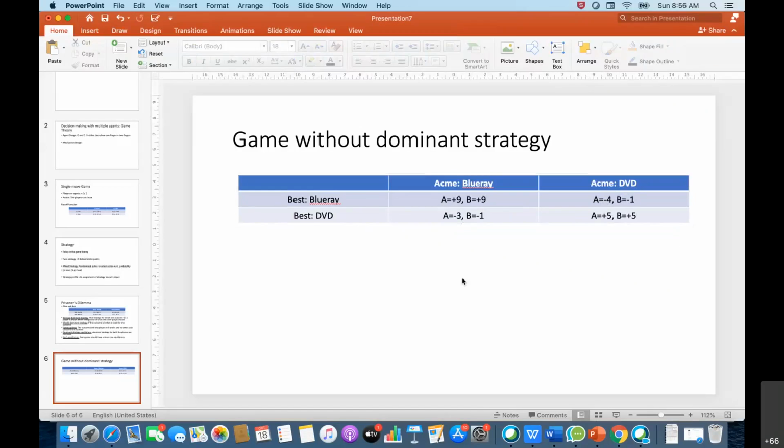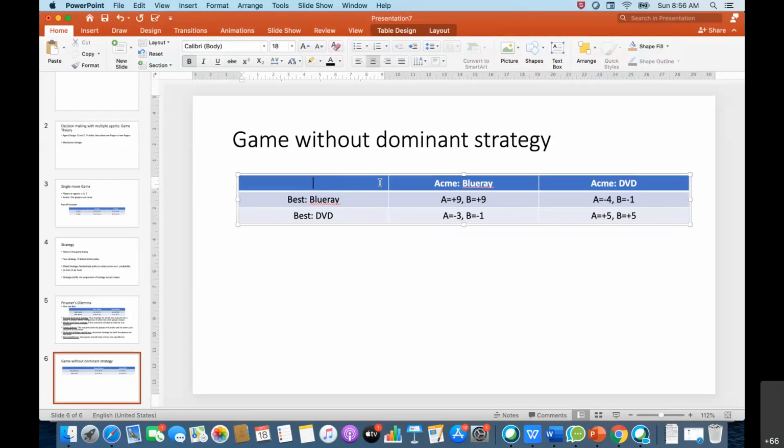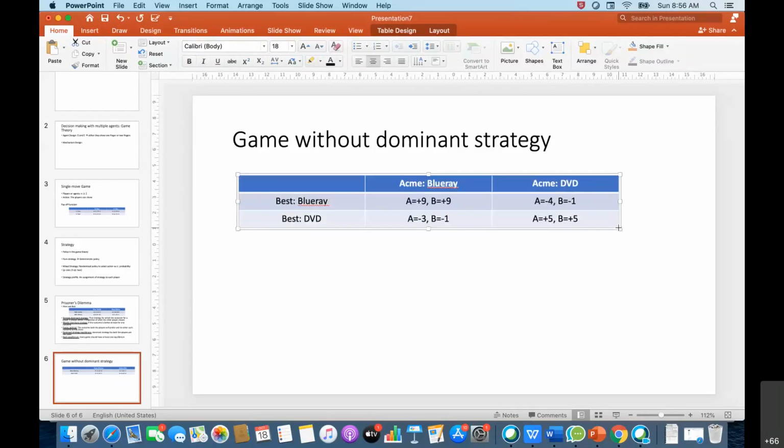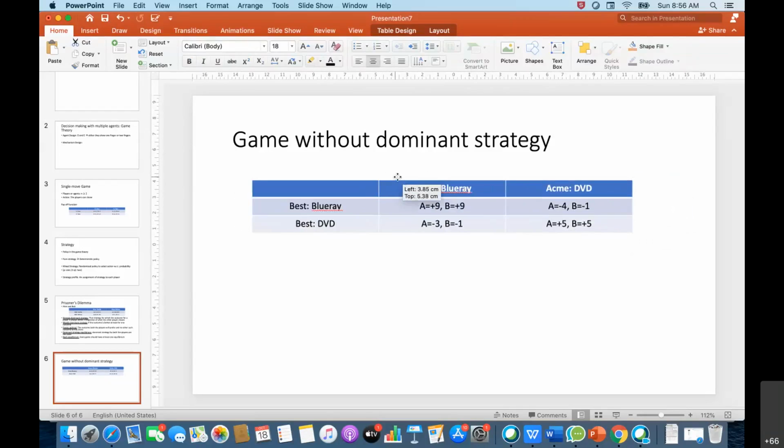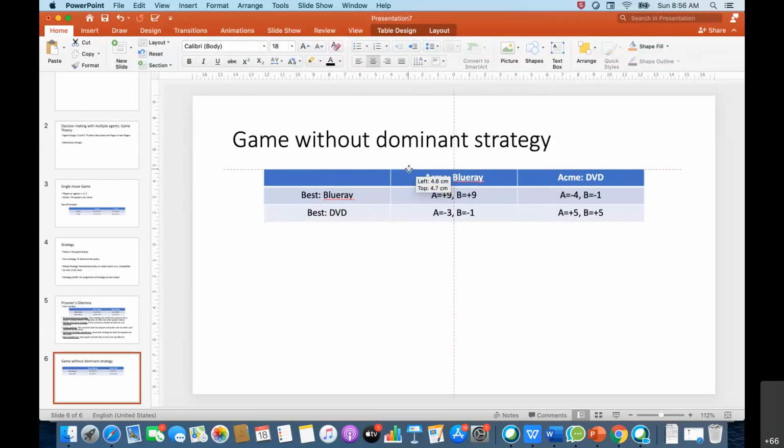Now, can you say that this game does have a dominant strategy? Can you say what is the dominant strategy of the game for any player? They are going to gain when both of them agree on a decision.